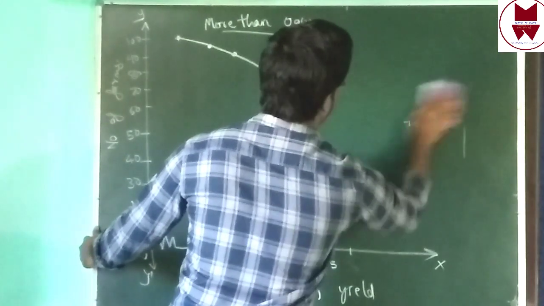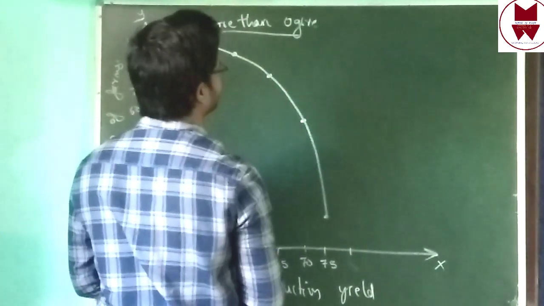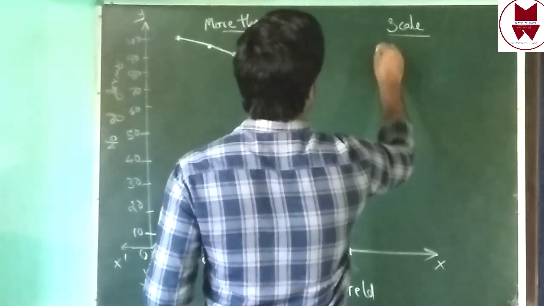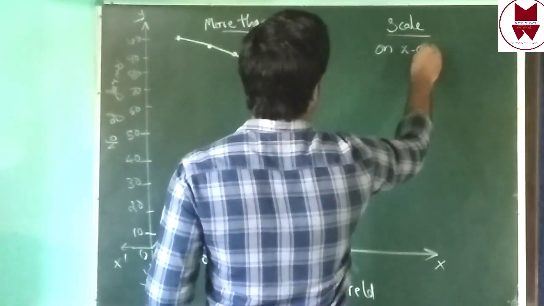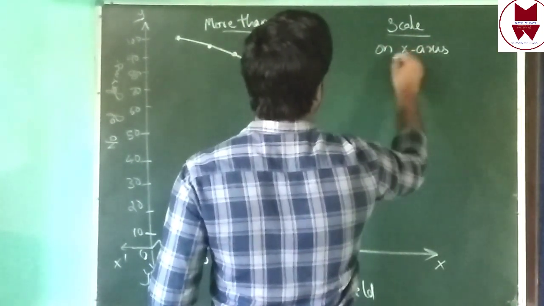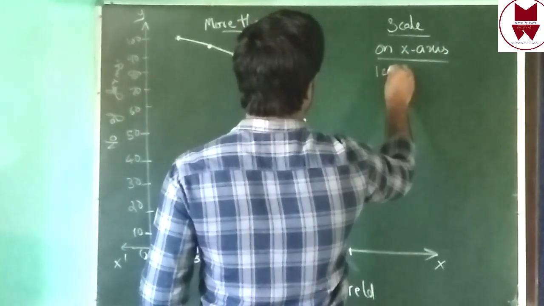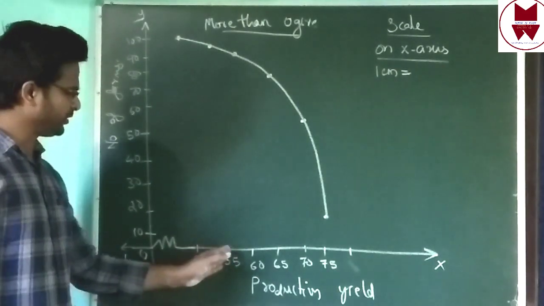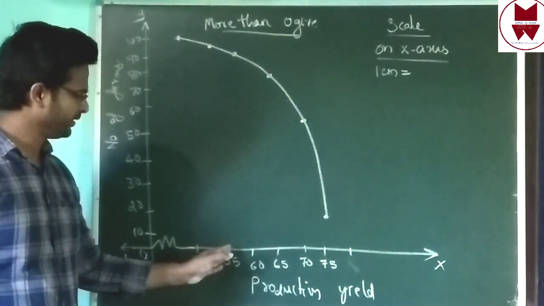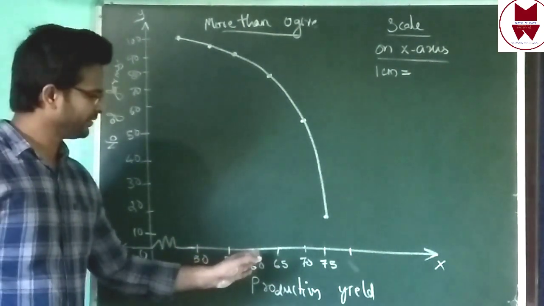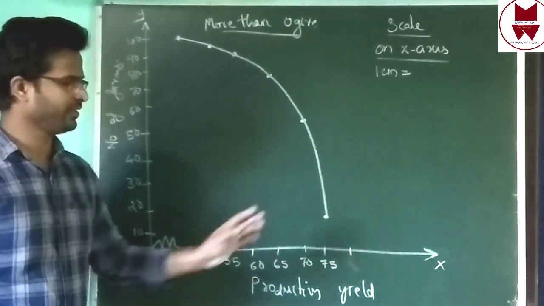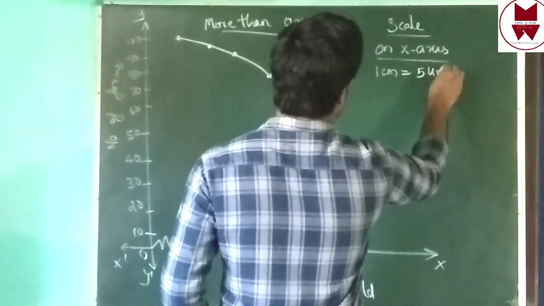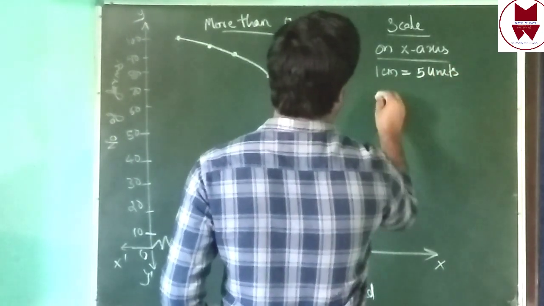We can write the scale also. Scale on the x-axis: how much is it increasing? 50 to 55, 5, isn't it? Then 55 to 60, again 5. Then 60 to 65, 5, 5, 5 increase. That means 1 centimeter is 5 units on the x-axis.